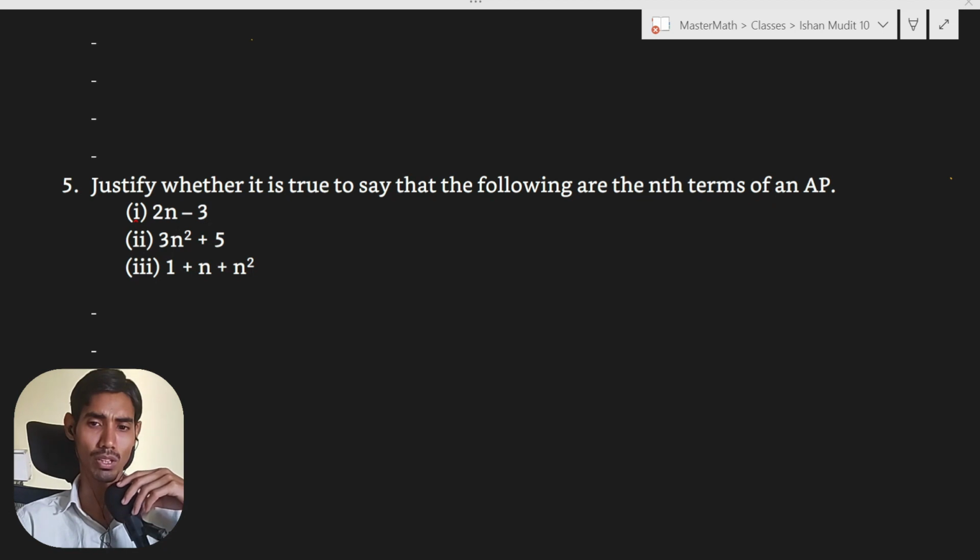Just do it for 3, 4 terms only, not more than that.